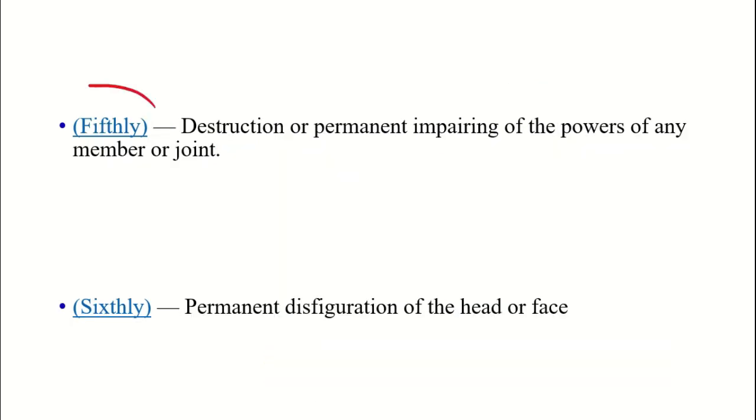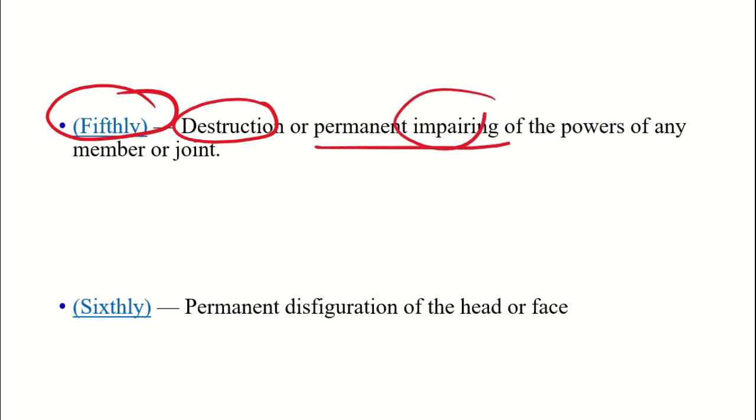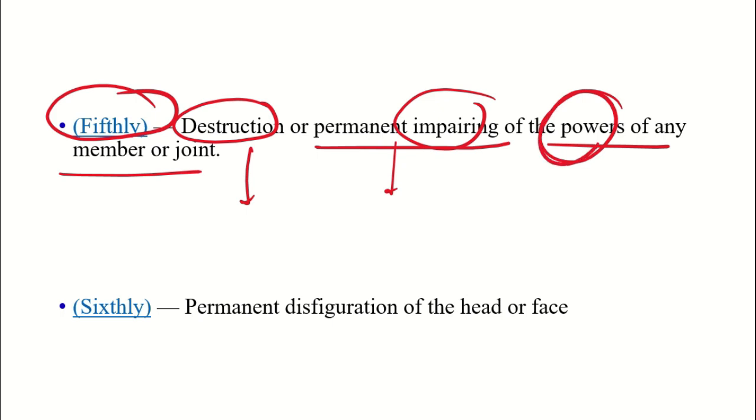Now the fifth clause is the destruction or permanent impairment of the power of any member or joint. Okay, if somebody has destroyed or permanently impaired the power of any member or joint, the person is not able to perform a particular function using that part of the body, or not able to perform any movement across that joint.